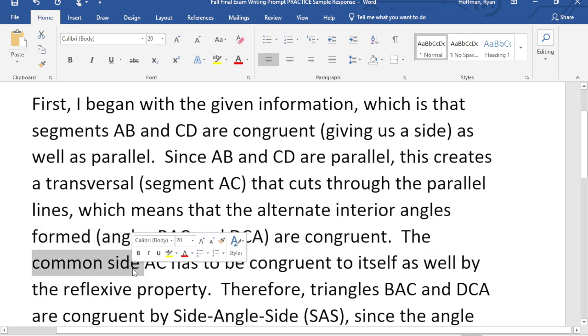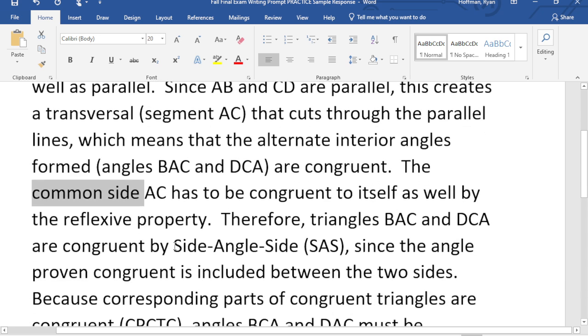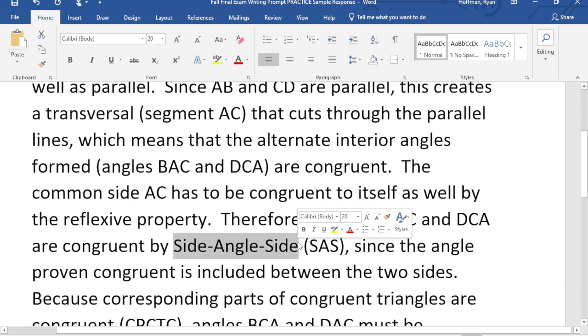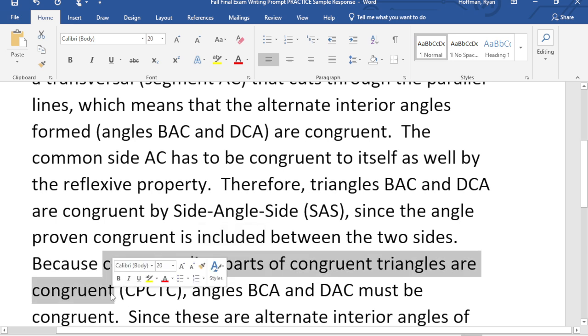Common side. Okay, so I'm not just knowing to put reflexive property sometimes. I know why I'm using reflexive property here because we have a common side. I'm showing I know what SAS stands for, side angle side. I'm showing that I know that I'm using that because the angle is included between the sides. I'm showing that I know what CPCTC stands for.